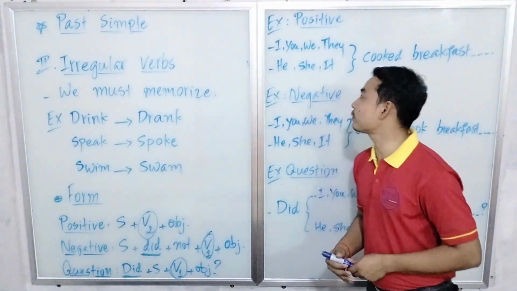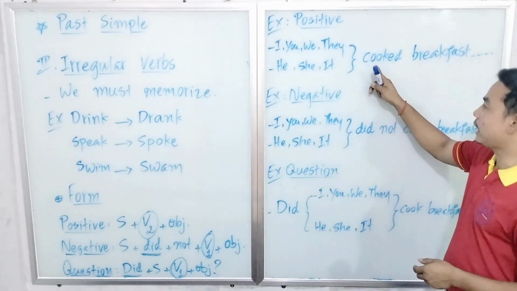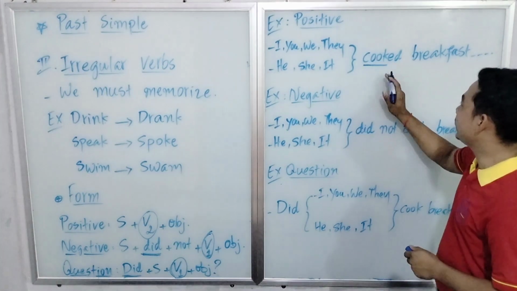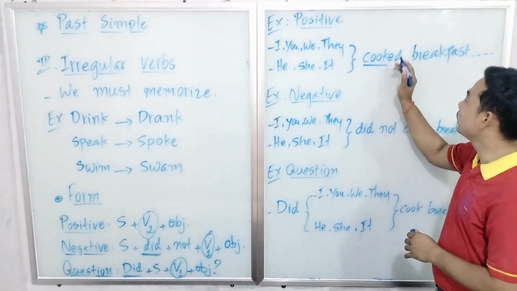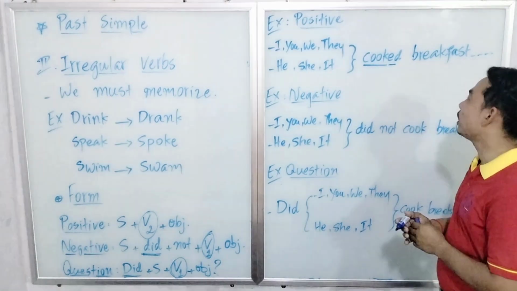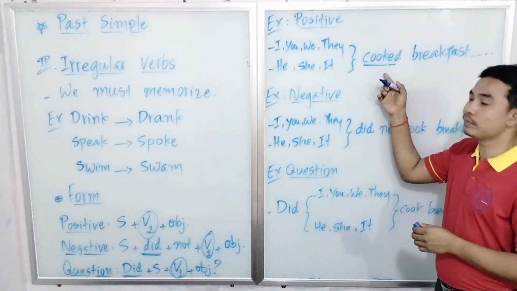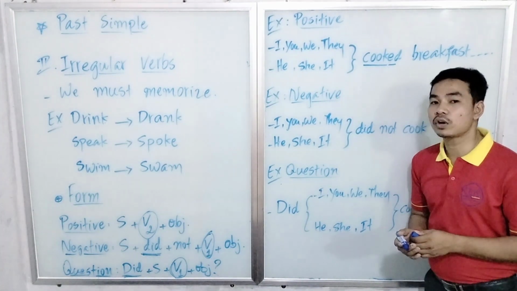I give you a verb: cook. Cook is verb 1. But if we do it in past simple, verb 2. You already know that cook here is a regular verb, so we just add -ed, and the pronunciation is cooked, cooked.